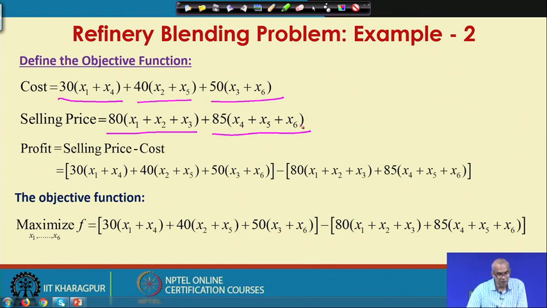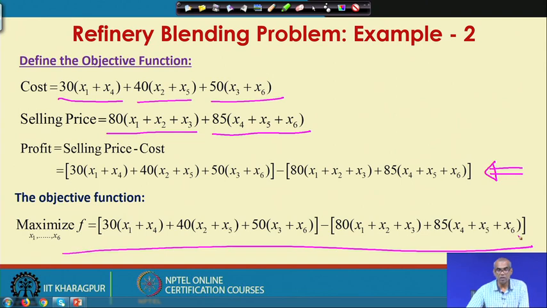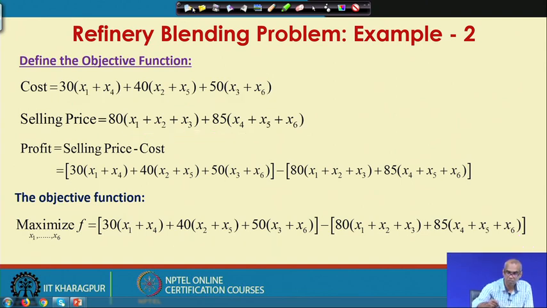So, profit is selling price minus cost price, and this is the expression for that. You see that this is a linear expression. So, the objective function is this expression for the profit, which is a linear function in decision variables x1 to x6.